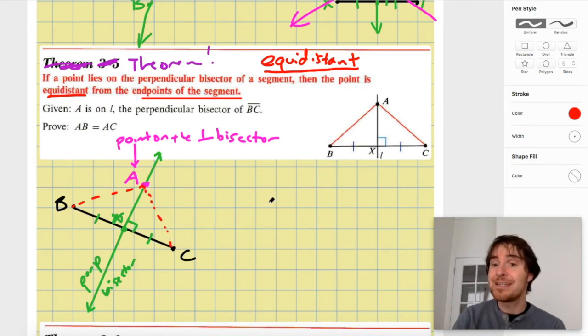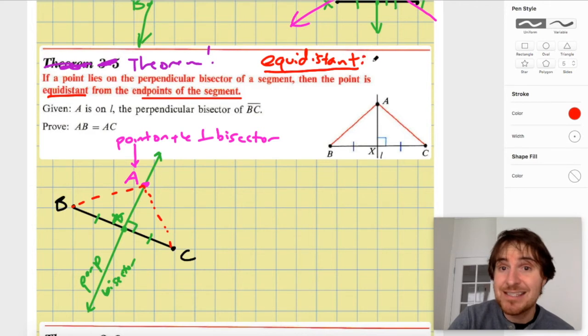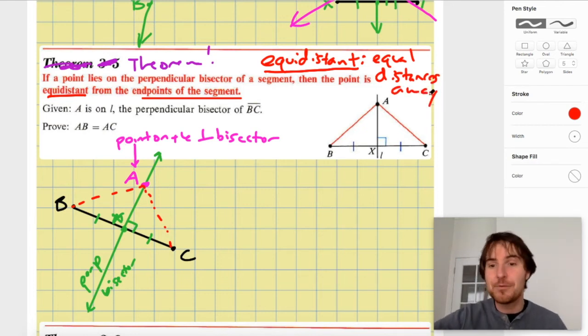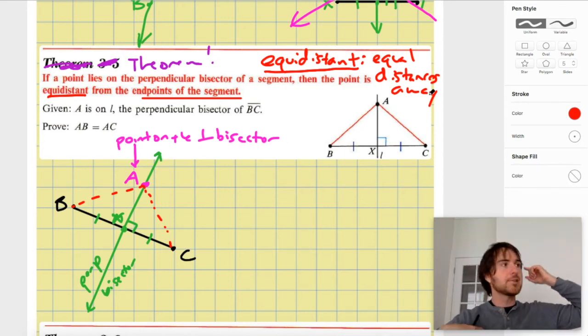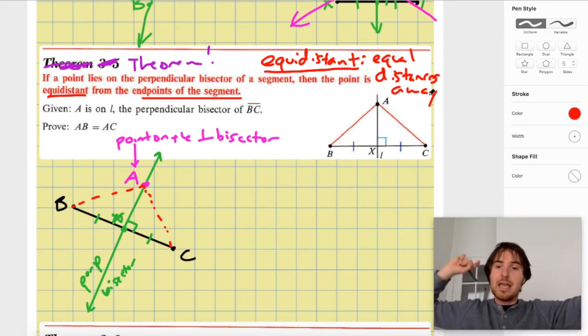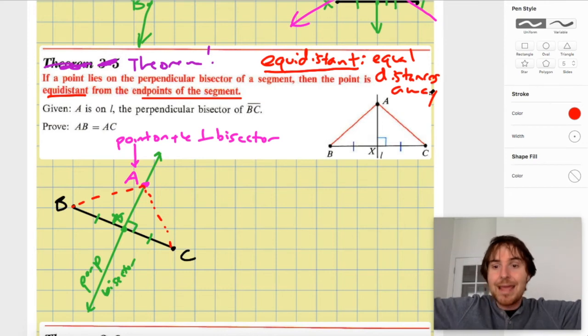What do you think equidistant means? It just means equal distance. Equal distances away, right? If you're equidistant from something, it means you're an equal distance away, okay? So for me, I've got Lowell High School about 2 miles that way. I've got the Golden Gate Bridge about 2 miles that way.